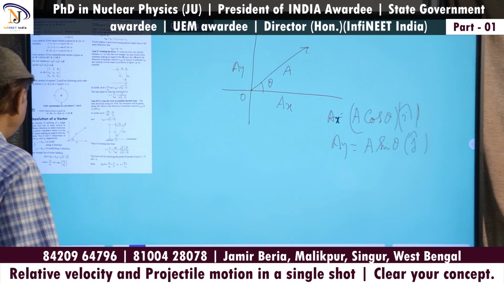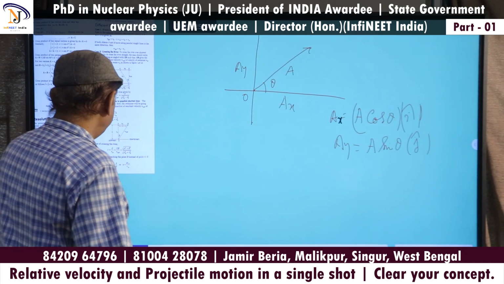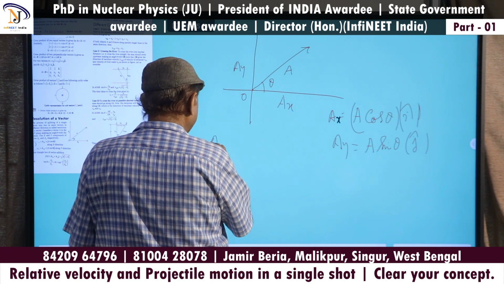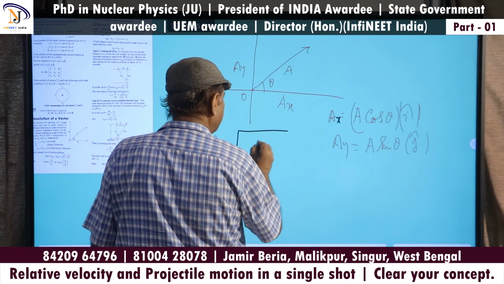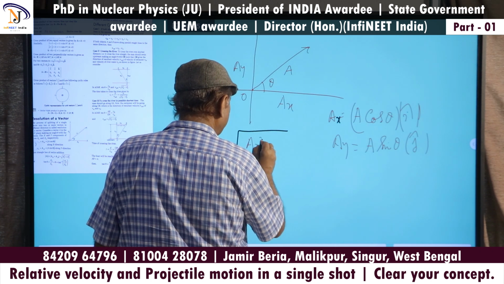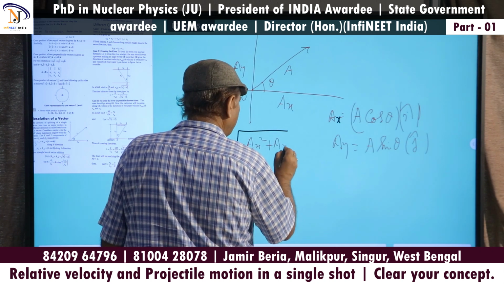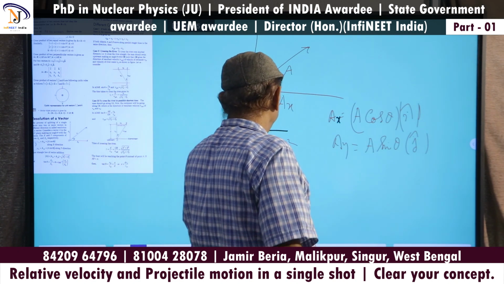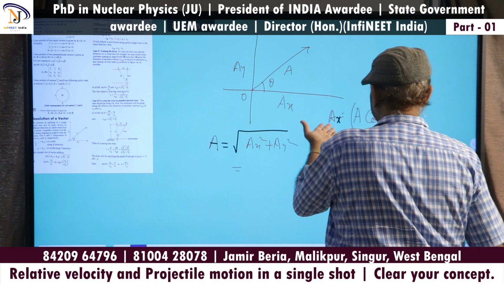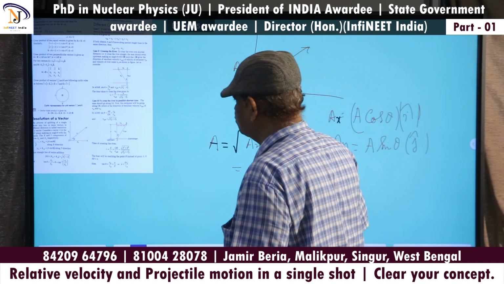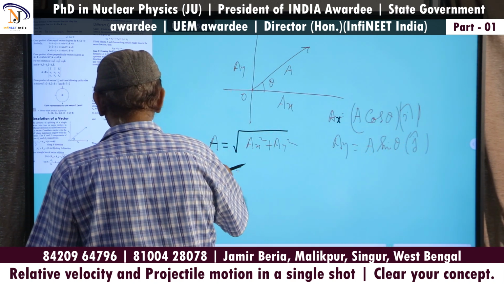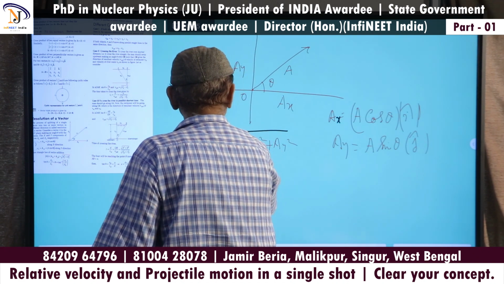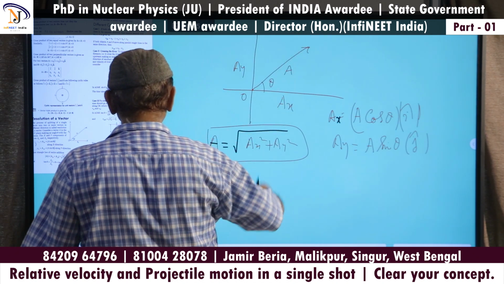What is the resultant? A equals the square root of AX square plus AY square, isn't it? So you may write the resultant of these two.